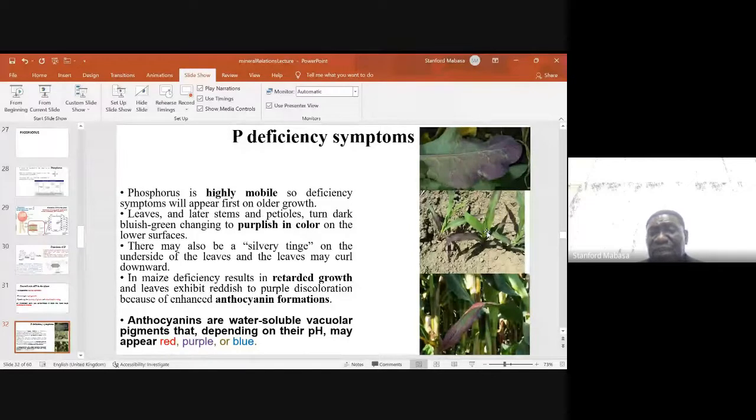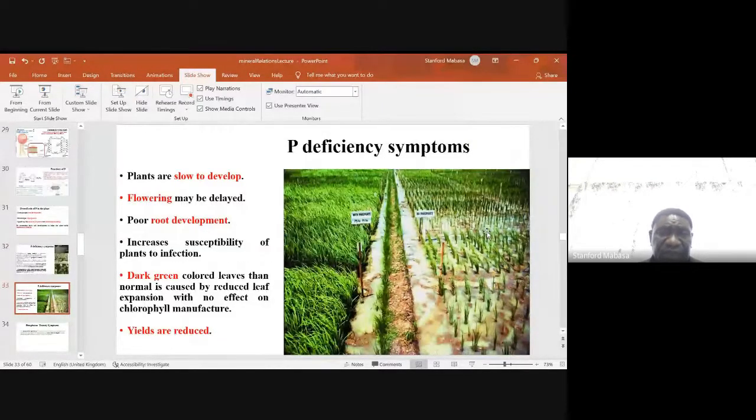And there can also be retarded growth. Now, the deficient symptoms is that plants are slow to develop. These are probably common symptoms across all nutrients. Flowering may be delayed. There could be poor root development. It can increase susceptibility of plants to infection due to diseases.